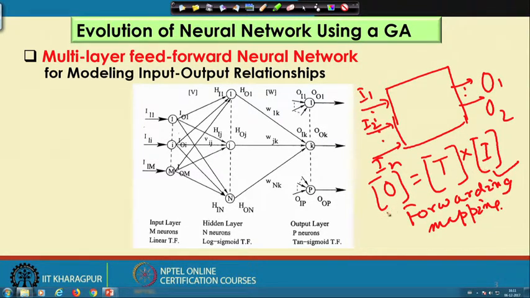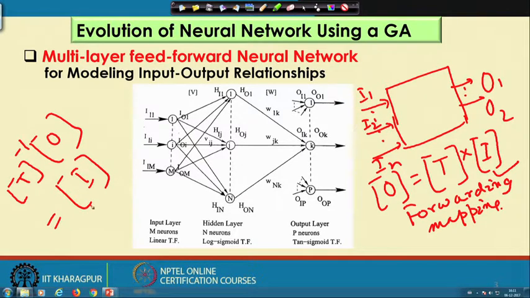On both sides, I multiply by the inverse of this transformation matrix, that is, T inverse multiplied by O is nothing but the identity matrix multiplied by I, and that is nothing but I. So, if I know the inverse of this transformation matrix, and I multiply it with the output, I will get the input.